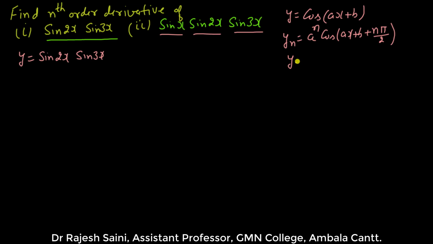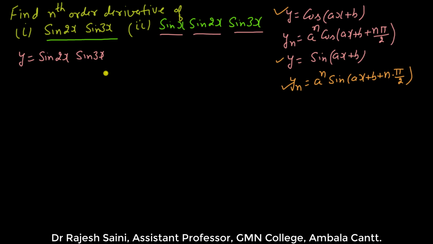And similarly, if y is sin(ax plus b), then what would be the case? It will be yn, coefficient of x, a, so a^n sin(ax plus b plus n pi by 2). Fine. So these are the nth order derivatives of sine and cosine functions, where the argument is of the form ax plus b.